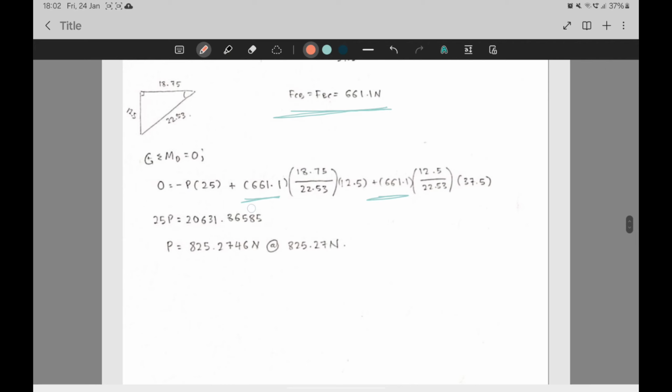Now we got the exact P on twig E: 825.27 Newton. So actually the force was here.